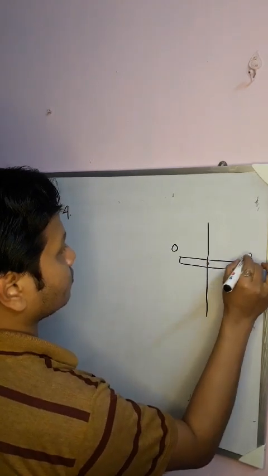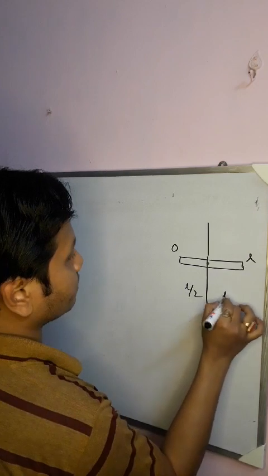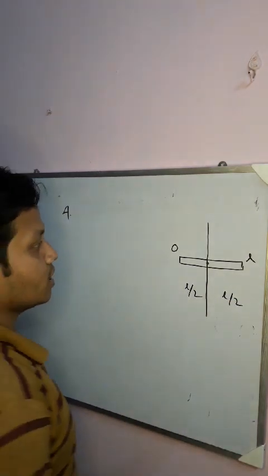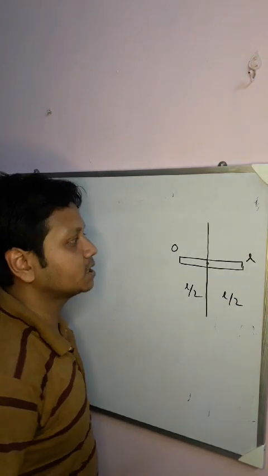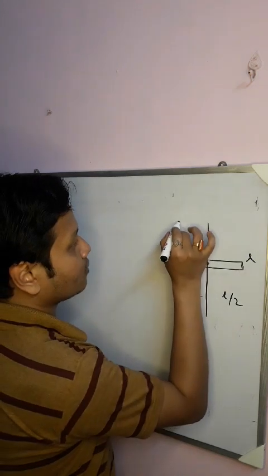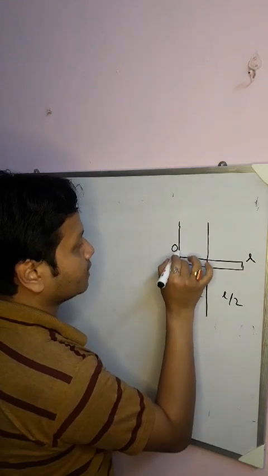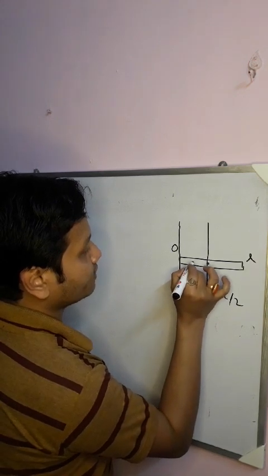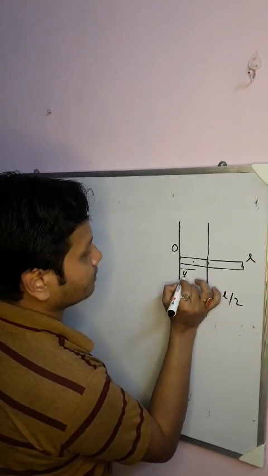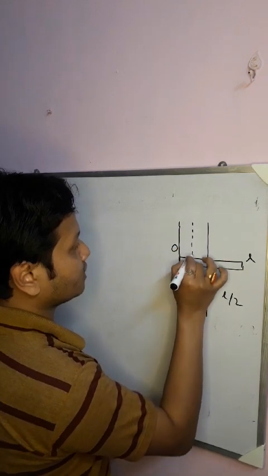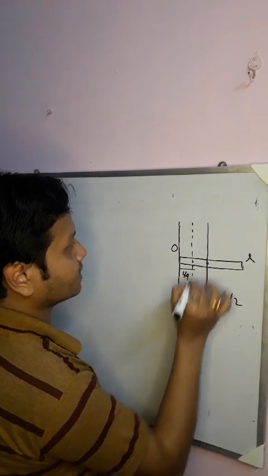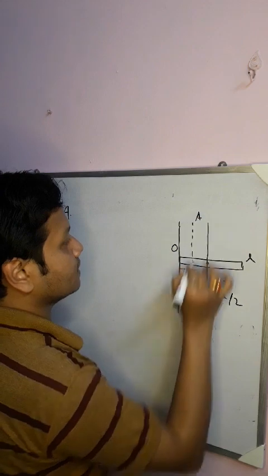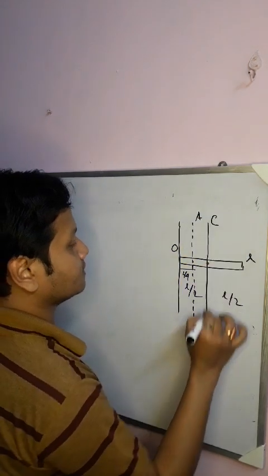Say this is 0 and L, so this is L by 2 and this is L by 2. So we have to find out the moment of inertia at a distance L by 4 from one end. Say this distance is L by 4. So we have to find out the moment of inertia about this axis. Say this is AB and say this is CD.